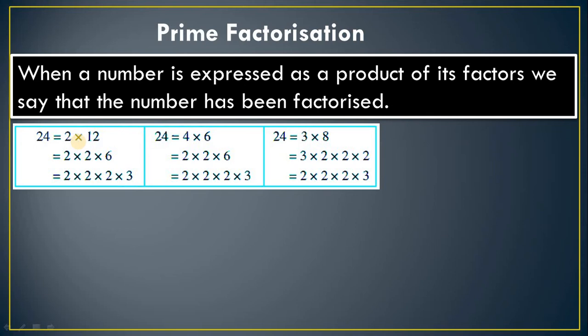You can break the number in many ways. 24 is divisible by 2, 24 is also divisible by 4, by 3, by 6, 12, 8. Many numbers are there. So you just break that. Like 24 can be written as 2 into 12, 4 into 6, 3 into 8. Reverse also you can write.